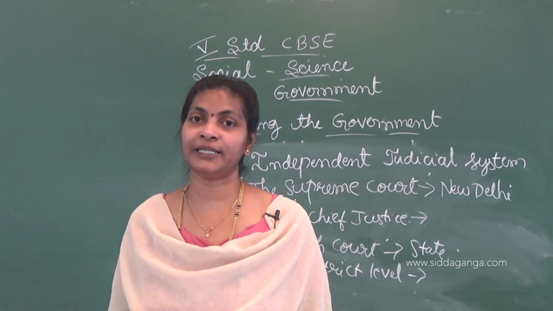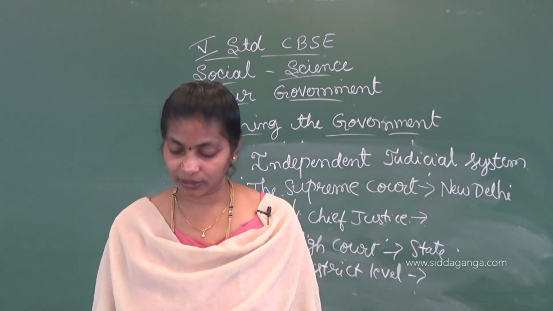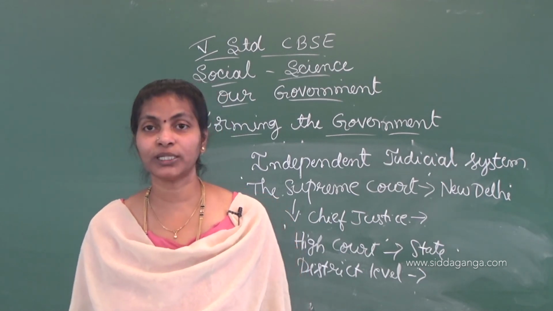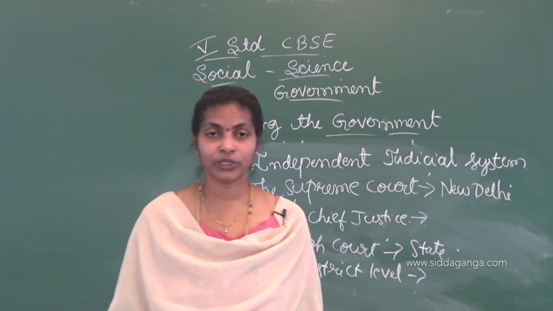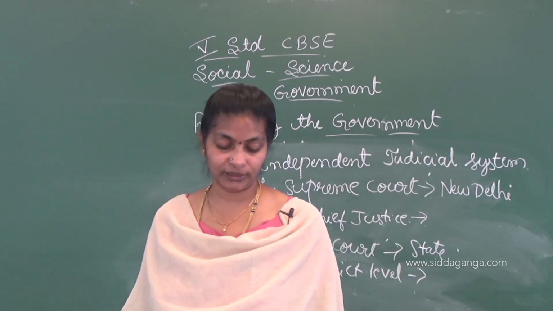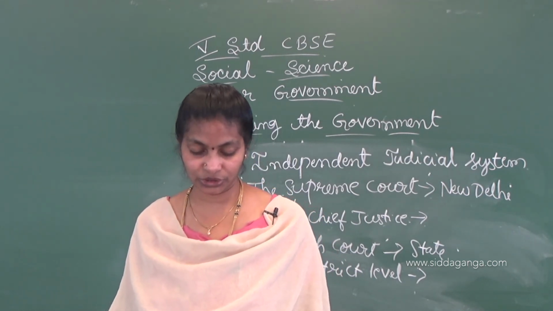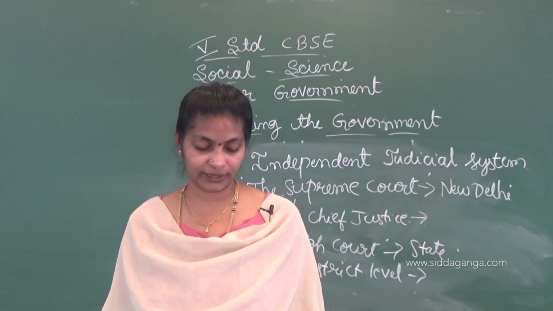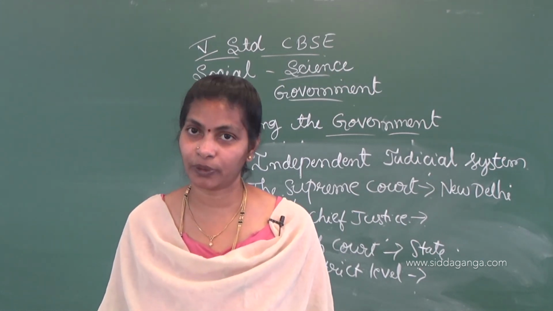The central government exercises its powers through three wings: union legislature, union executive, and union judiciary. Union legislature is also known as the parliament.